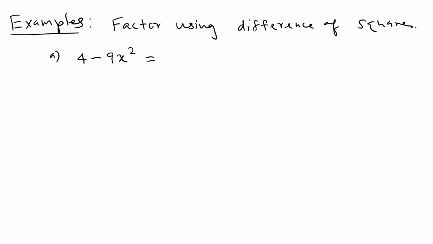So first we can write the 4 as 2 squared, and the 9x² you can write as (3x) whole thing squared. Now when you do that, you can see it looks like a² − b², and in this case a equals 2 and b equals 3x.